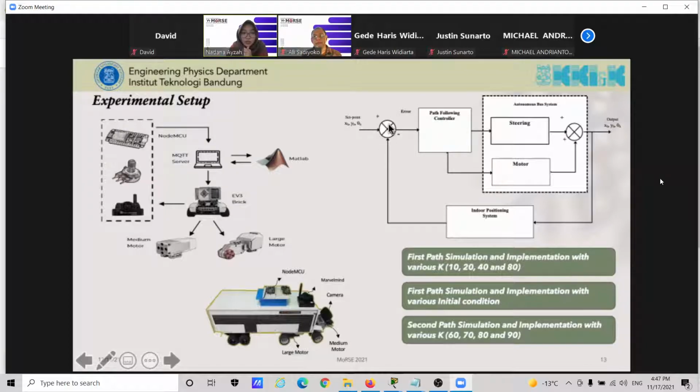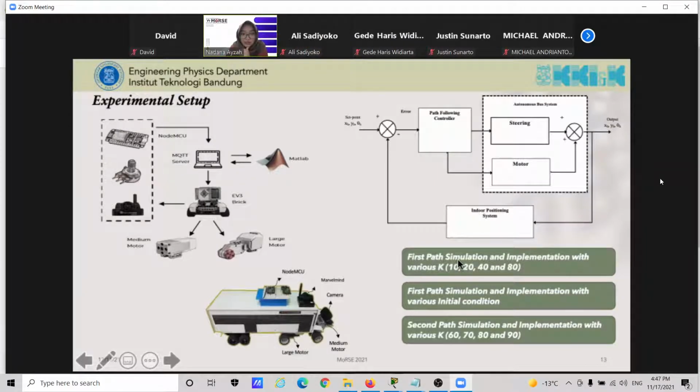Here we also compare the output of the system with the set point, so it produces an error, and we use the error to produce the input law. After the path following controller algorithm, the input law is produced and fed to the actuator of the bus.